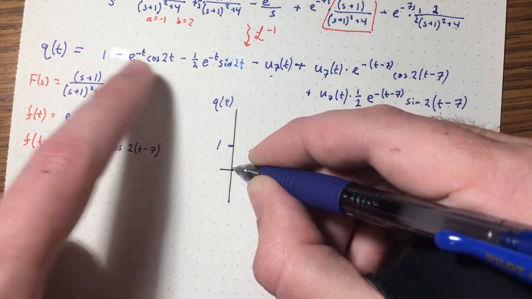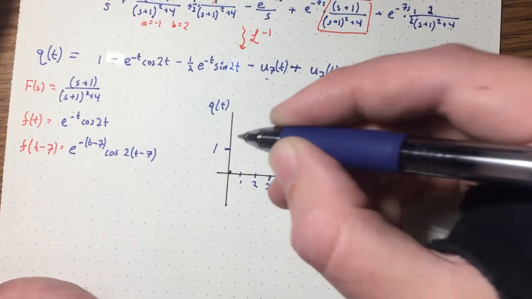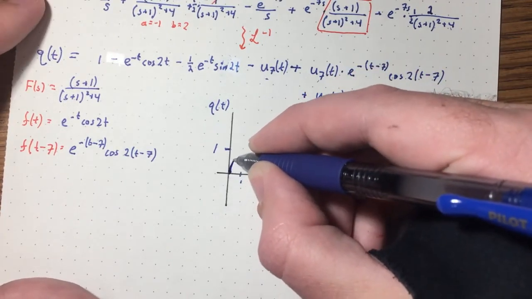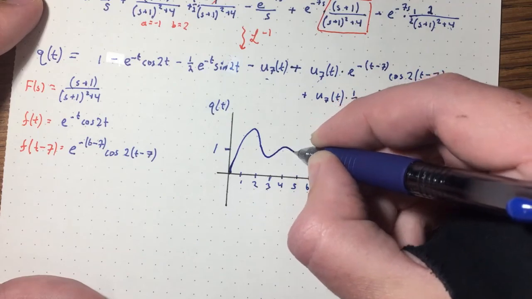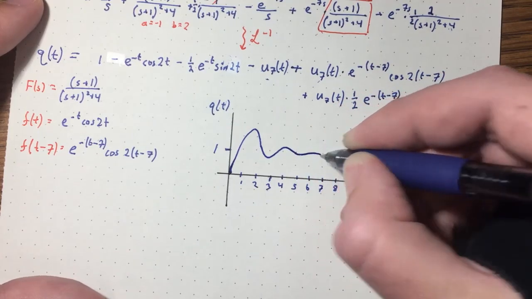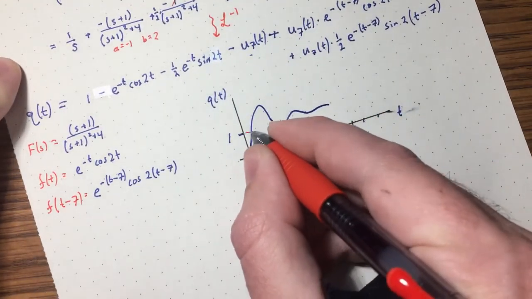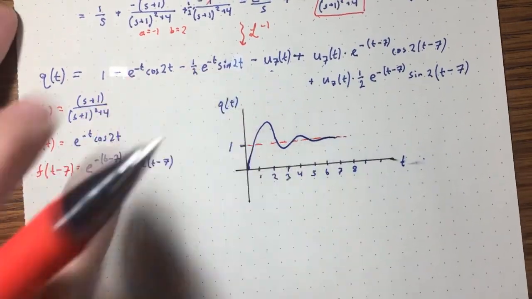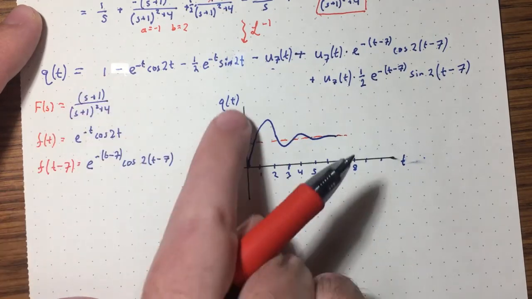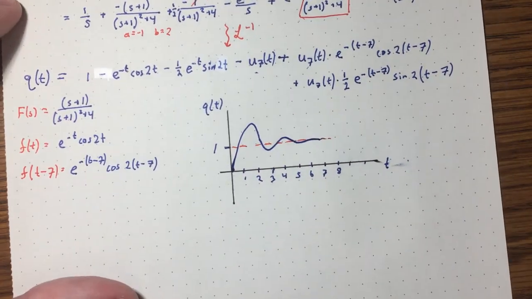We're familiar with this, but we're adding a plus 1 here, so they're not going to decay to 0, they're going to sort of decay to 1, like this. Okay, so maybe it looks something like this. This part just decays to 0, but I'm adding 1, so it's offset by 1.